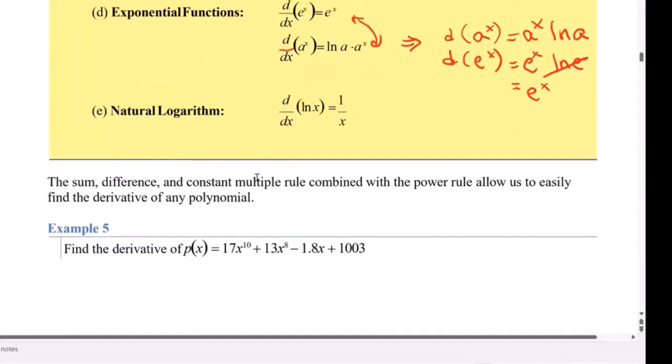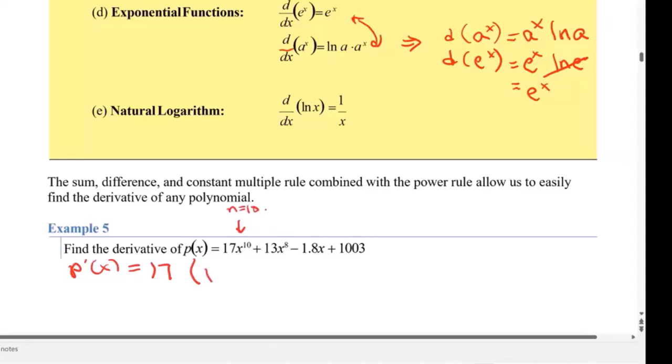So the sum, difference, and constant multiple rule combined with the power rule allow us to easily find the derivatives of any polynomial. So let's say I want to find the derivative of this. So I'm going to say p prime of x. Well, remember, we're going to take the constant out, and then we're going to multiply by, we have 10, x to the 10th. So here, n equals 10.